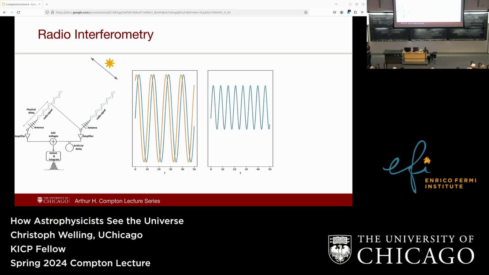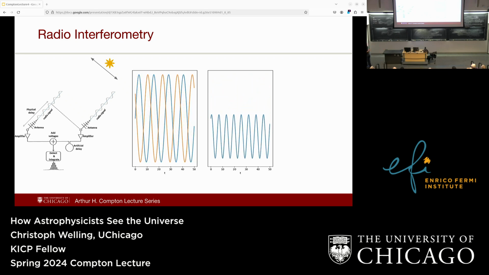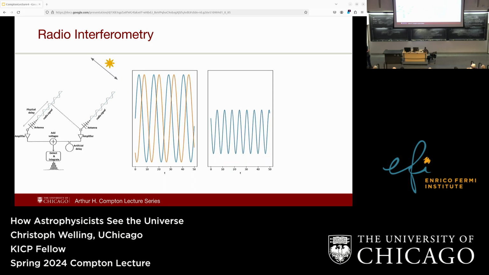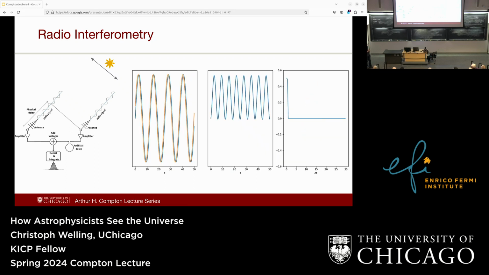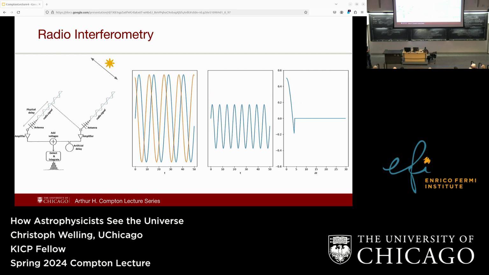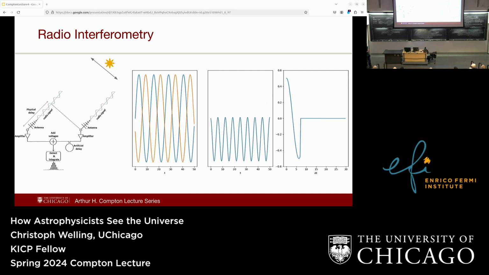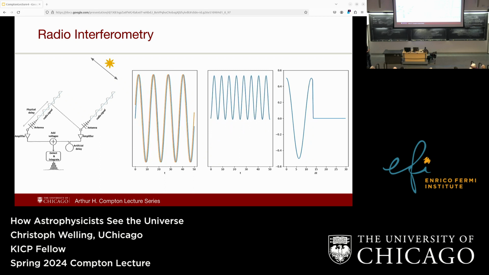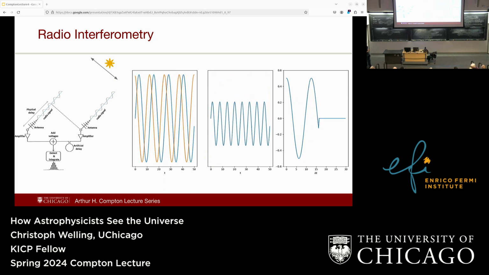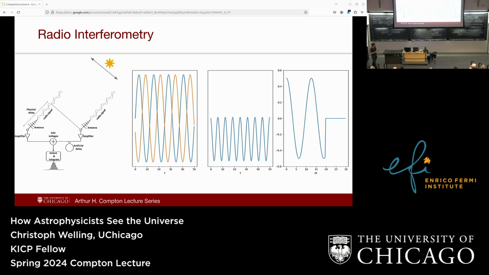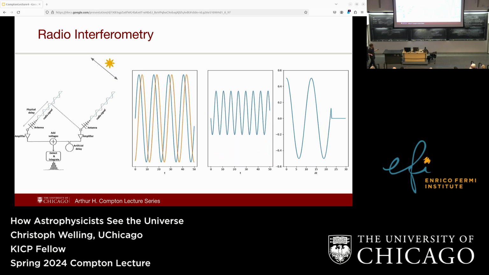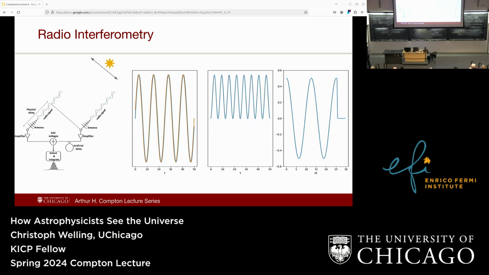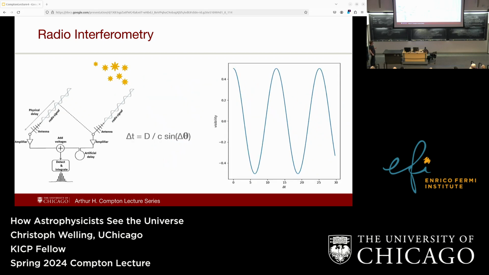If I take the average of this multiplication, this basically tells me how in phase these are. If they're perfectly in phase, I get a large number here. If they're perfectly out of phase, I get a negative number. And this property is called the visibility.